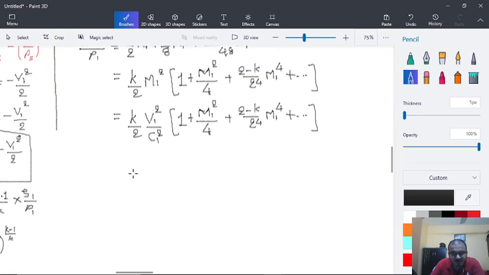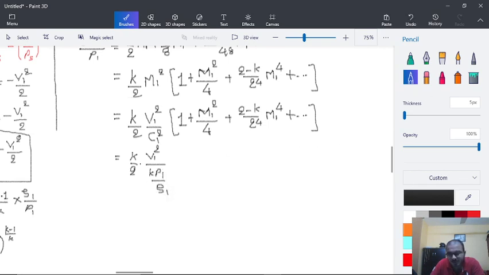So here is equal to k upon 2 into v1 square divided by k p1 upon rho 1.